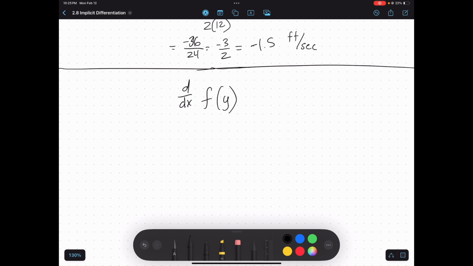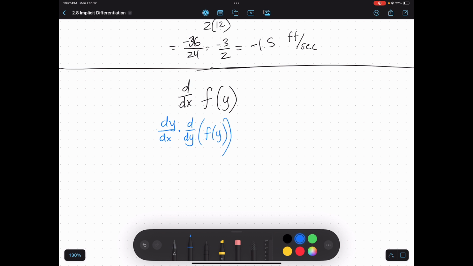Anytime you're taking the derivative of a function that's in one variable in terms of a different variable, you can use that little trick. I can manipulate that by just doing dy over dx times d over dy. So by multiplying by the derivative of y in terms of x, I can now take the derivative of this in terms of y.